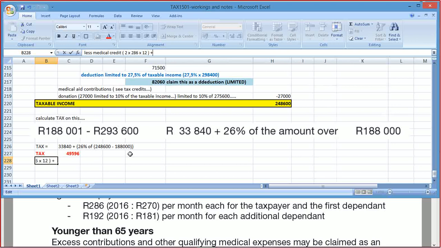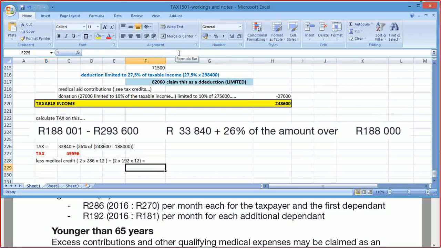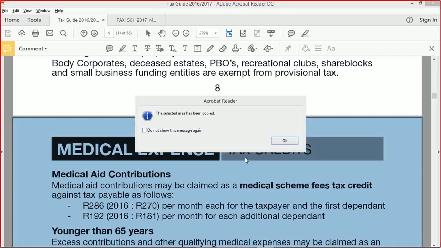So for each of the taxpayer and the first dependent, you'd have 2 times 286 times 12 plus 2 times 192 times 12. Okay, it gives you 11,472. That's her medical tax credit.